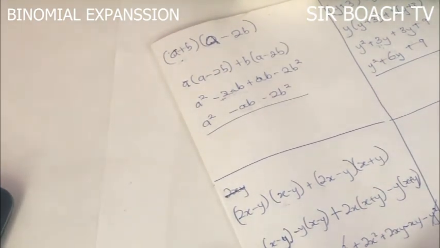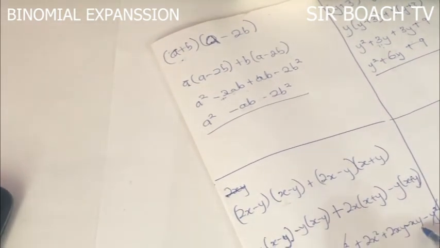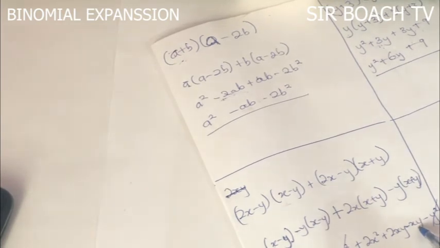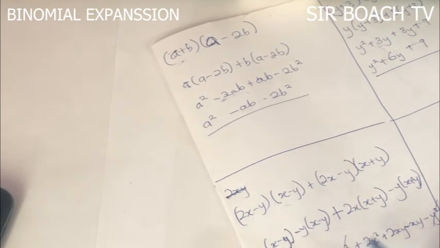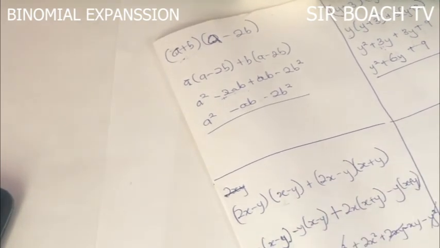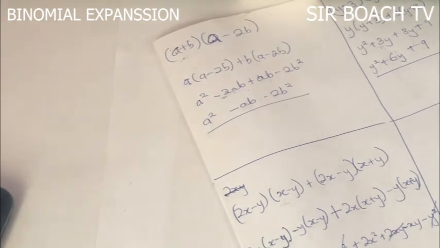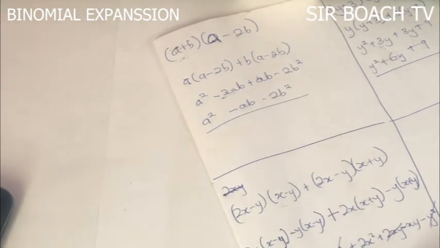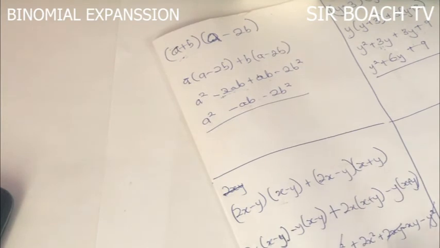Now you can also see that this is minus xy and this is also minus xy, so we can delete. Fine. We can see minus 2xy and also plus 2xy, so minus 2xy and 2xy will go to 0. So what are we left with? We are left with this and that and this.